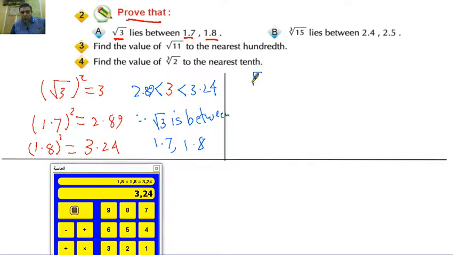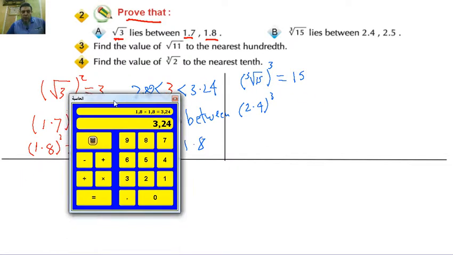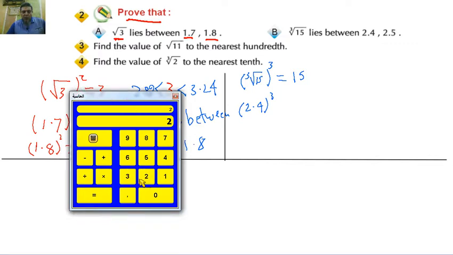Cube root of 15 to the power 3 equals 15. 2.4 to the power 3 equals 2.4 multiplied by itself 3 times: 2.4 times 2.4 times 2.4 equals 13.824.